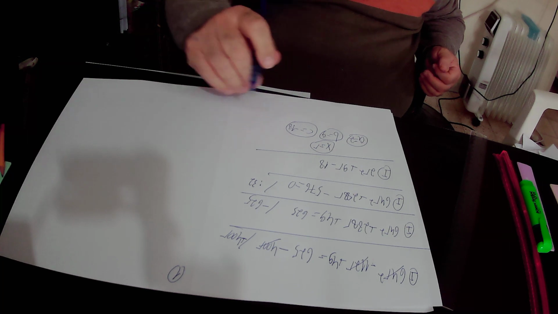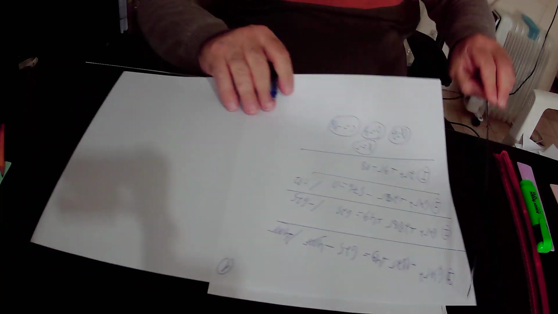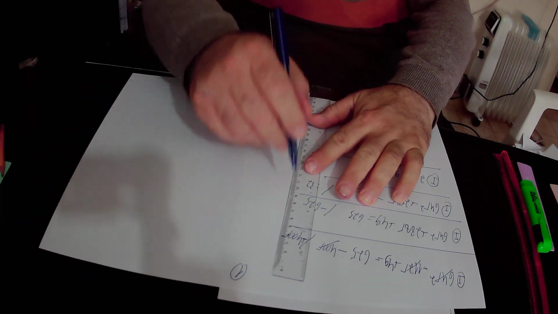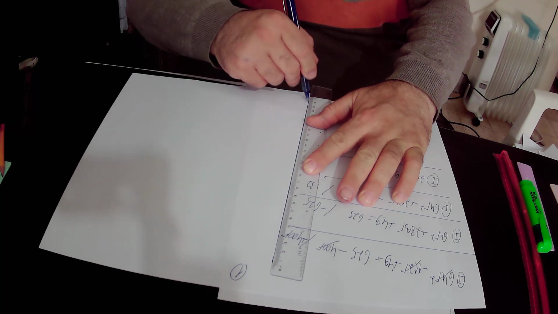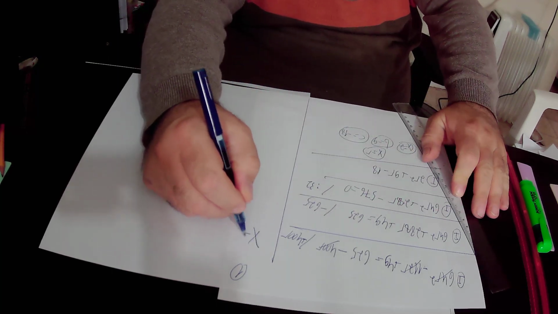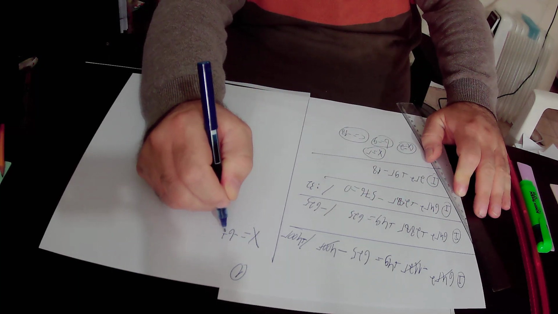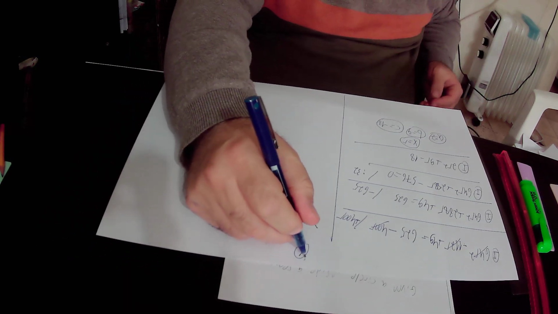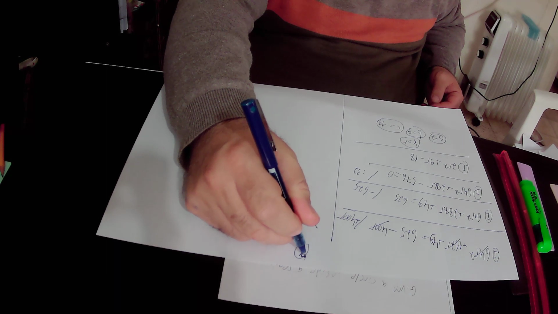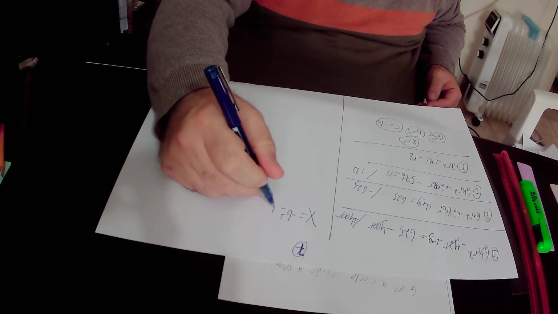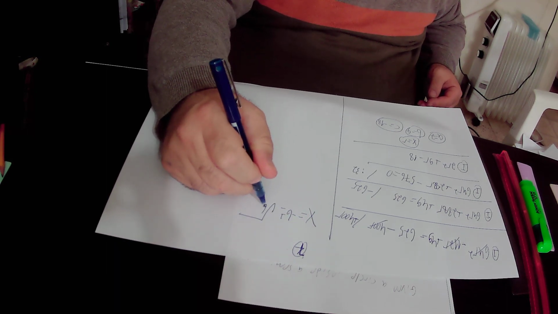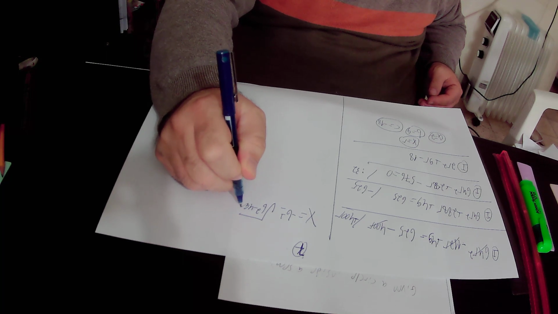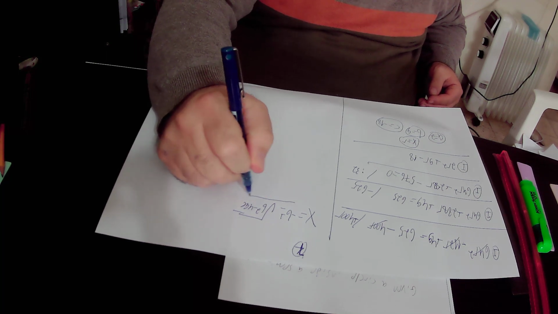And the general formula for solving a quadratic equation is x equals minus b plus minus the square root of b squared minus 4ac, over 2a.